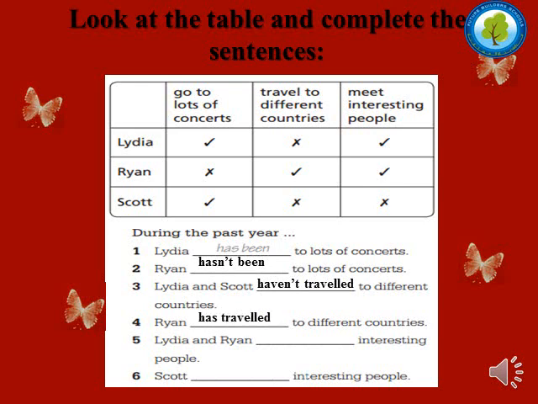Lydia and Ryan, meet interesting people. Lydia and Ryan, they both have ticks, so Lydia and Ryan have met interesting people. And Scott, interesting people, he has an X, so he hasn't met interesting people.